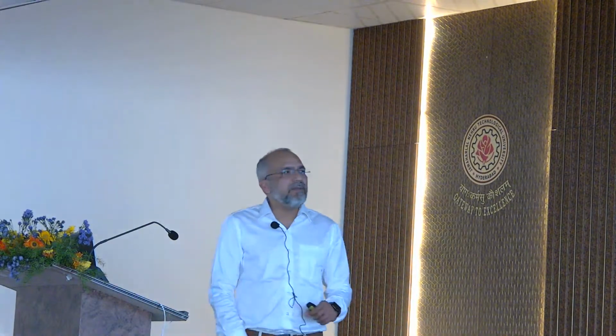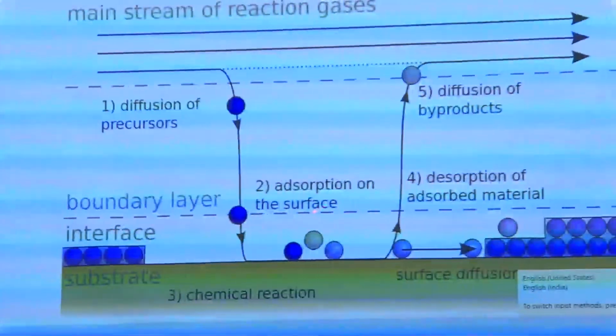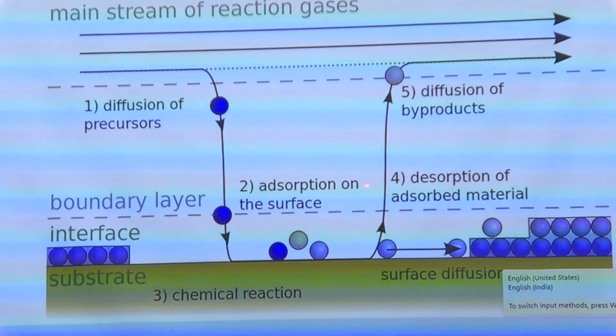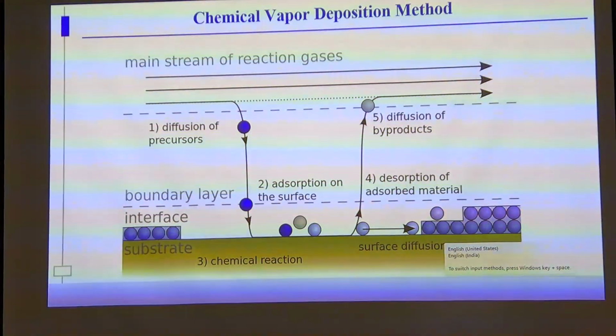This is how the chemical vapor deposition process happens. In the first phase, you have diffusion of precursor, and then in the second phase, you have adsorption on the surface, and then you will have desorption of adsorbed material, and then they will diffuse through the vacuum here.